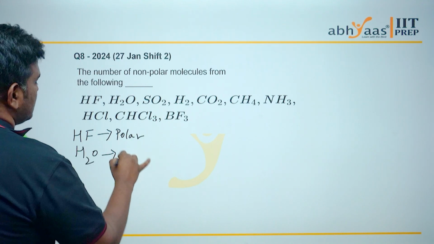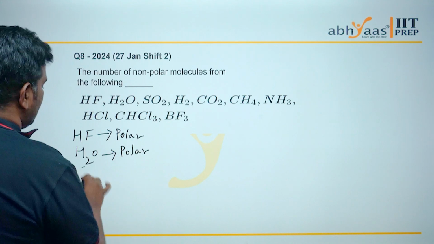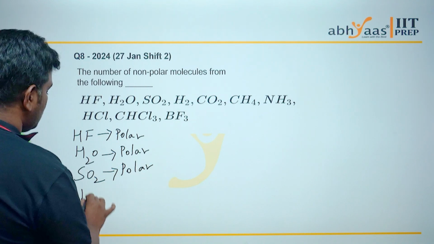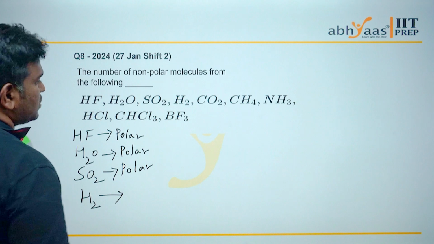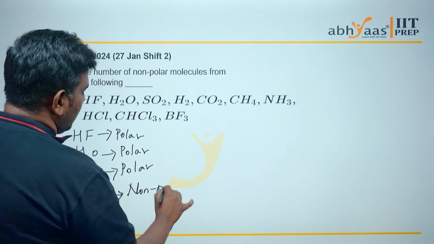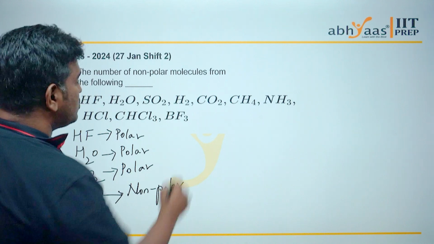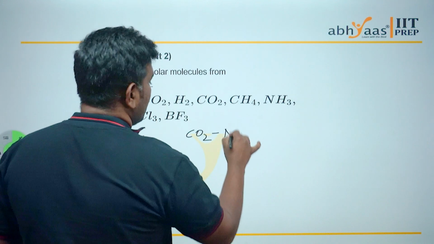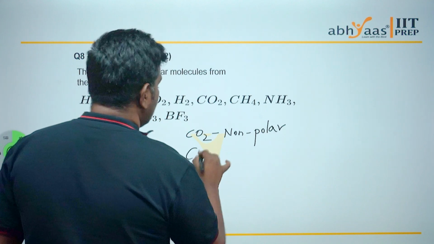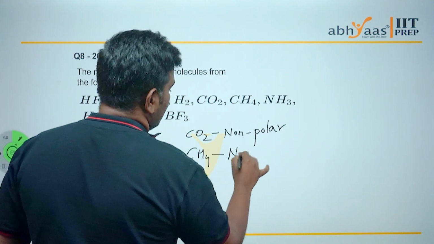H2O is polar. SO2 will have a dipole moment, so it will be polar. But H2, hydrogen gas, will not have a dipole moment, so it is non-polar. Now coming to CO2, it also has no dipole moment, so it is non-polar. CH4 is again non-polar.